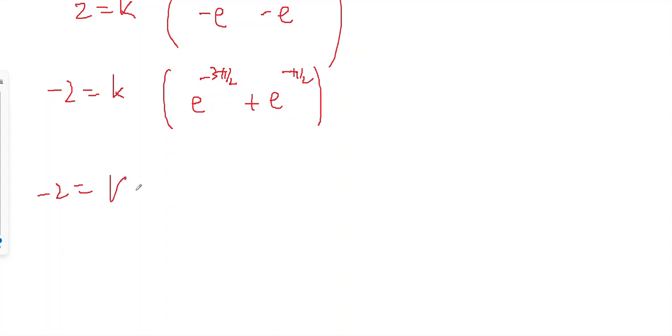So k equals negative 2 over [1 on e to the 3 pi on 2 plus 1 on e to the pi on 2].